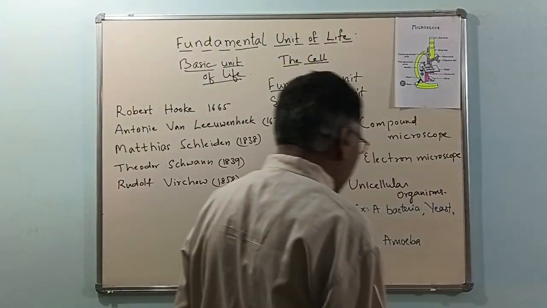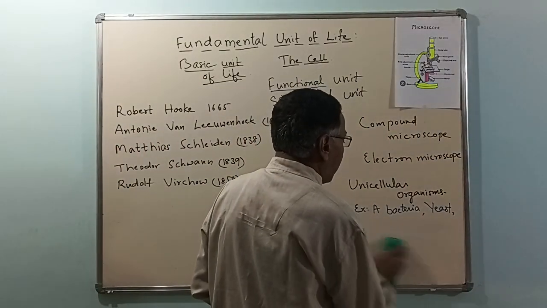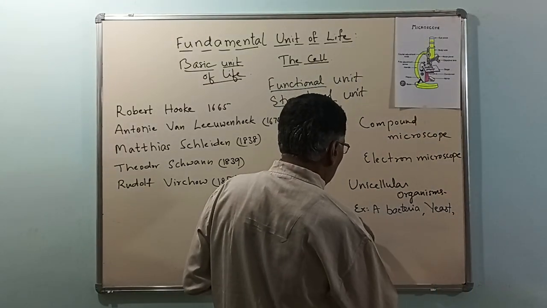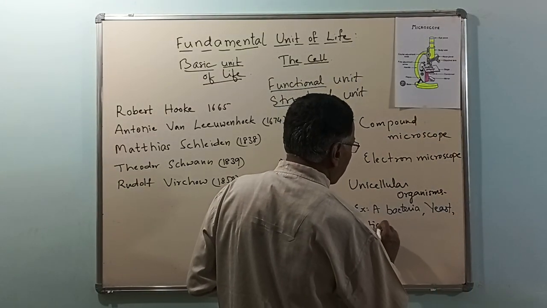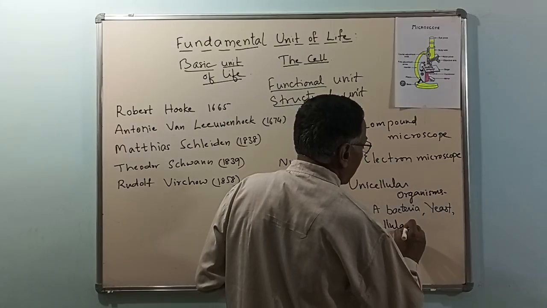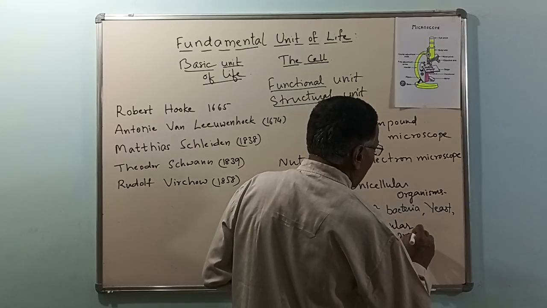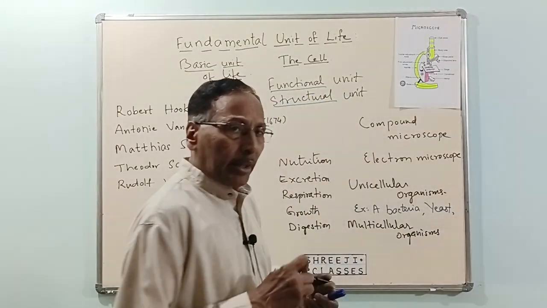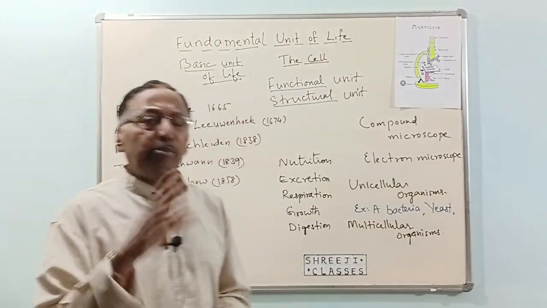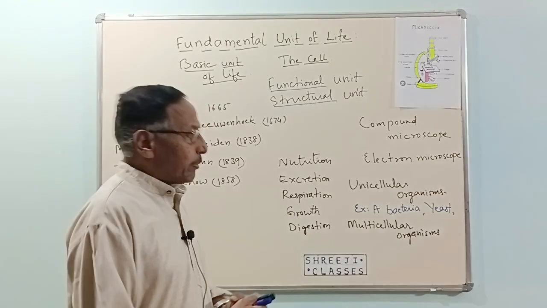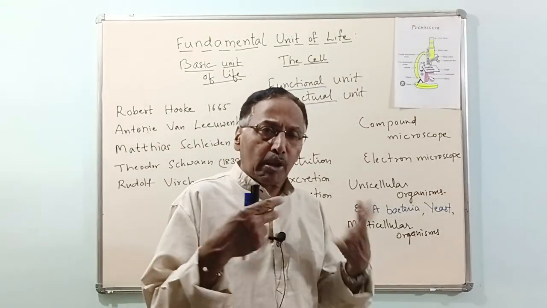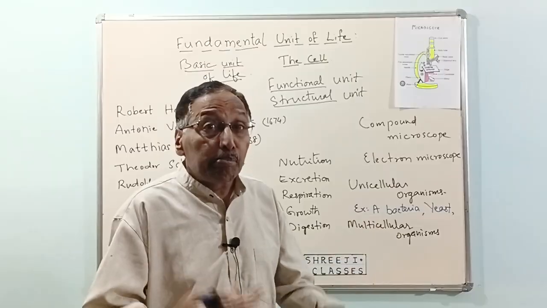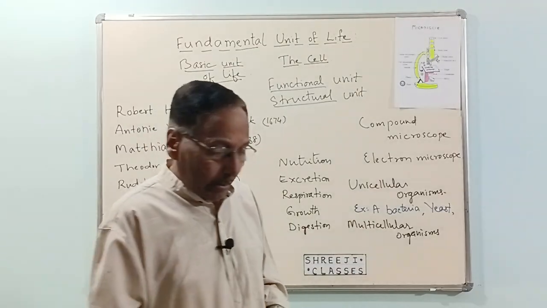There are some organisms which are made up of many cells. We call them multicellular organisms. Means made up of many cells. Some may be made up of a few hundred cells or few thousand cells, and some organisms may be made up of millions and billions of cells.